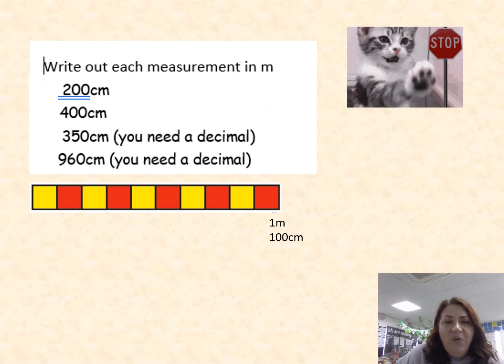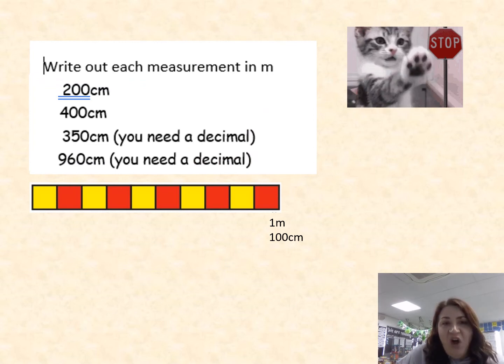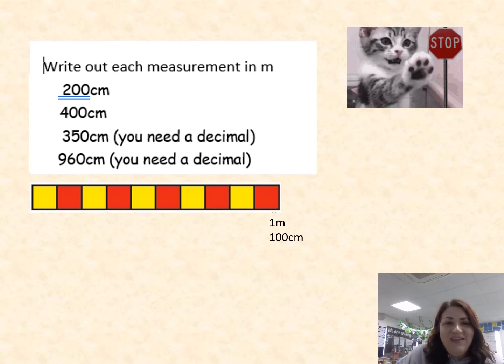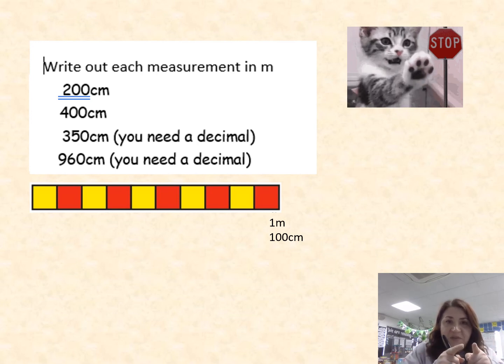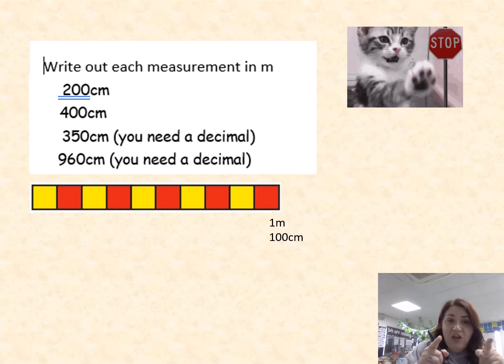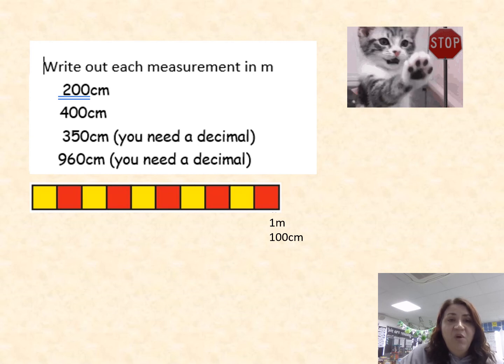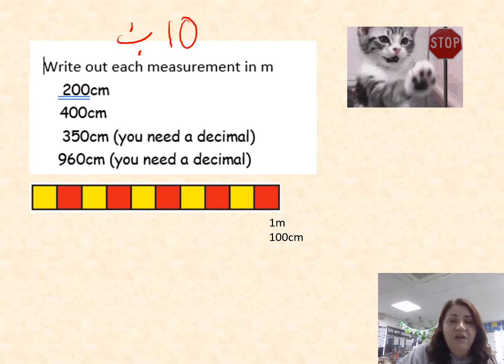Okay, I'd really like you to have a go now at writing these measurements out in metres. Now don't forget, because you're going from a small unit to a larger unit, you're going from centimetres and I want you to convert to metres, you are going to divide, okay? And because there are 100 centimetres in a metre, you're going to divide by 100.